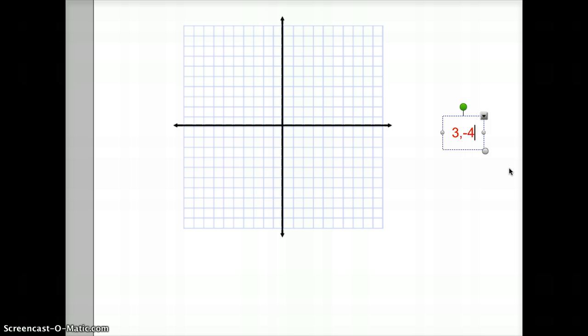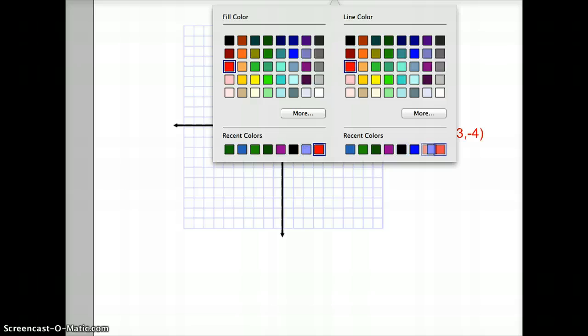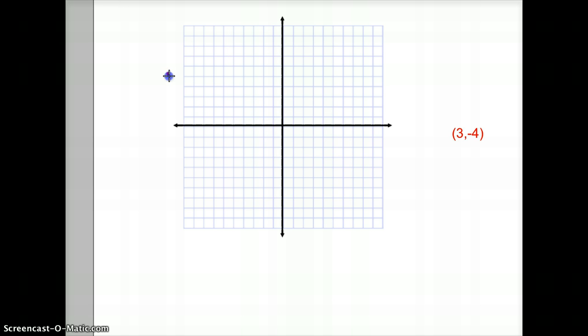So I'm going to put a dot at that location, 3, negative 4. 1, 2, 3, 1, 2, 3, 4.